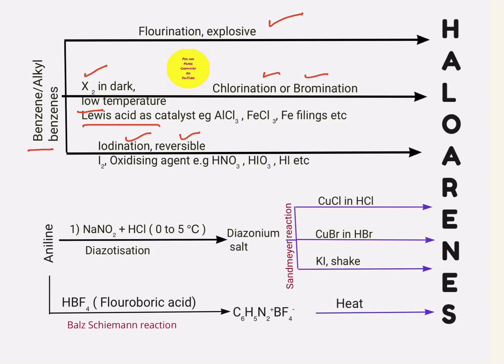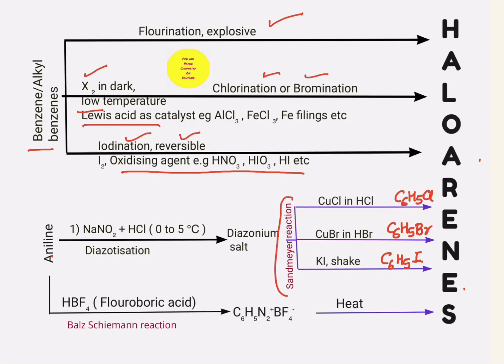Iodination is a reversible reaction, so we carry it out in the presence of oxidizing agents. Aniline converted into, so of course if you want you can write over here C6H5Cl, C6H5Br. I have clubbed all of these into haloarenes because I believe that by the time you finish watching this video, you would be confident enough to understand which haloarene I am talking about over here.